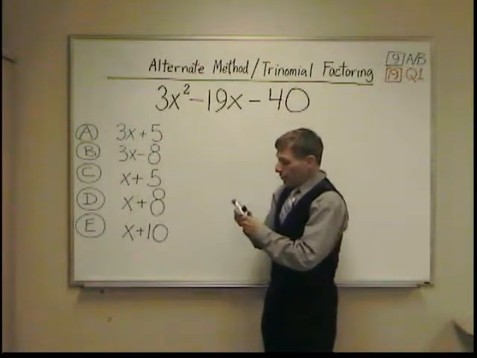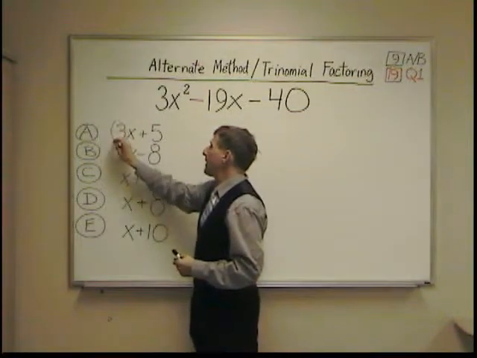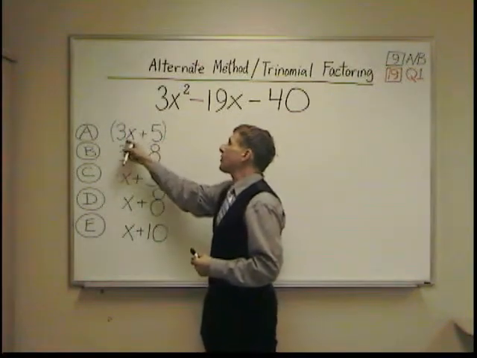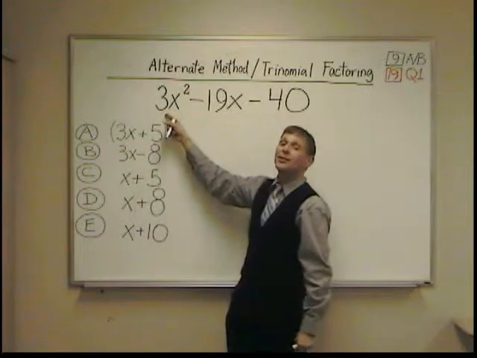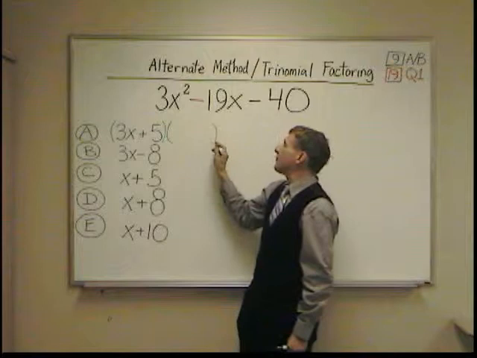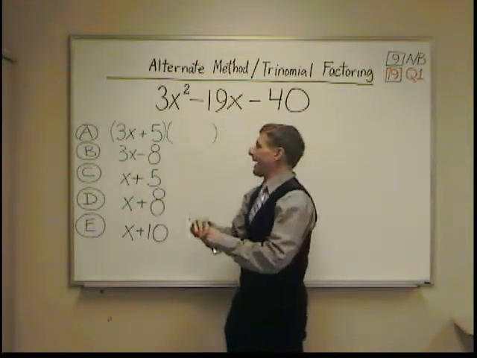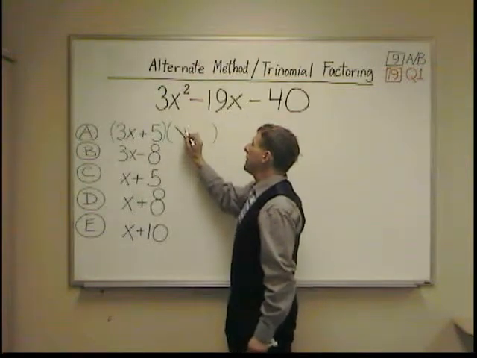And what I'm going to do is create a FOIL, so I'm going to put parentheses around choice A, and I have the 3x here. See, and that matches the 3x in the lead. So if I have 3x in the first, I will put x, just plain x, in the second one.